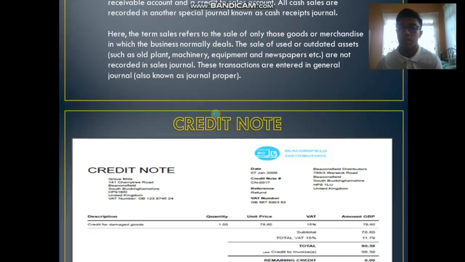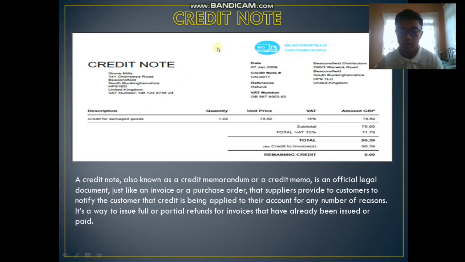Okay, next, the credit note. A credit note, also known as a credit memorandum or a credit memo, is an official legal document just like an invoice or a purchase order that suppliers provide to customers to notify the customer that credit is being applied to their account for any number of reasons.